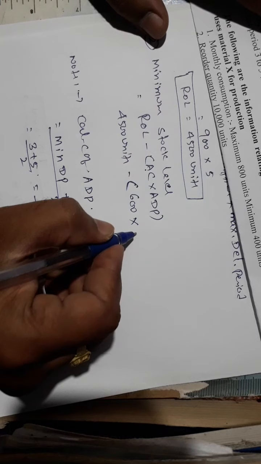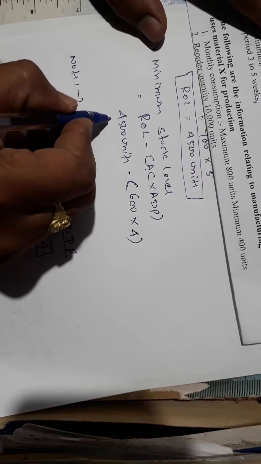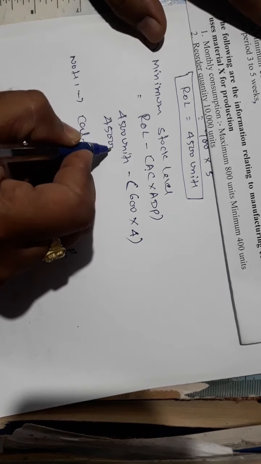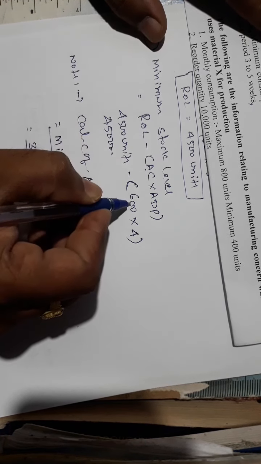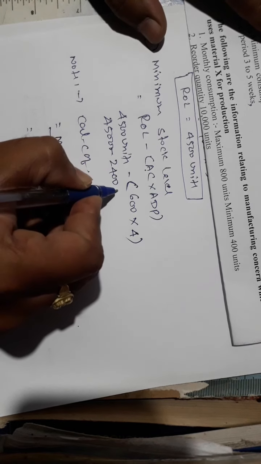ADP is 4 weeks. So 4500 minus 600 into 4, that is 2400 units.